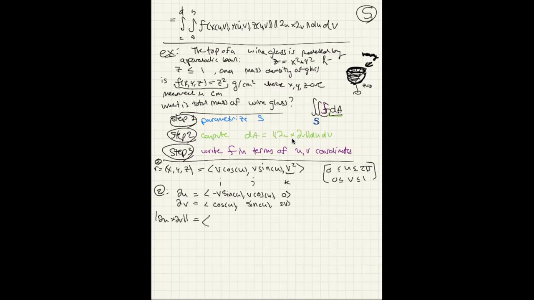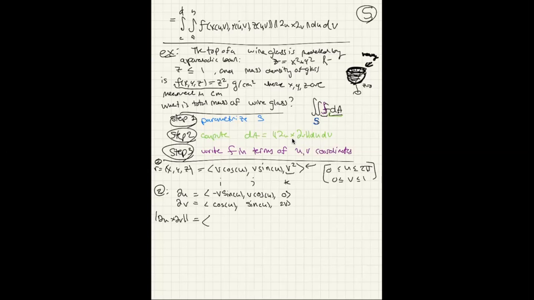A lot of times when your parametrization has the sine and the cosine to mimic rotational symmetry, you get lots of crisscross cancellation, and you get lots of sine squared plus cosine squared equals 1. So lots of times these calculations turn out to be kind of nice because of sine and cosine being so friendly for you.